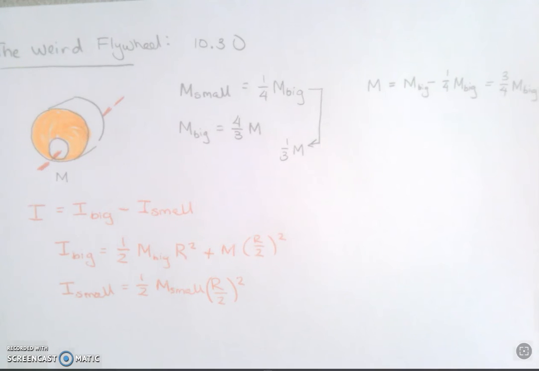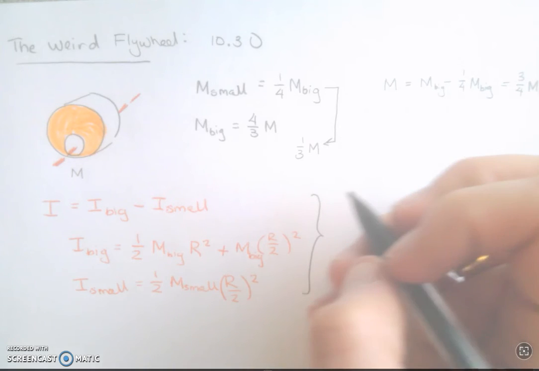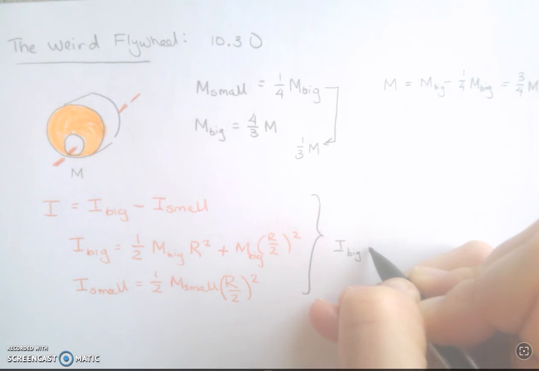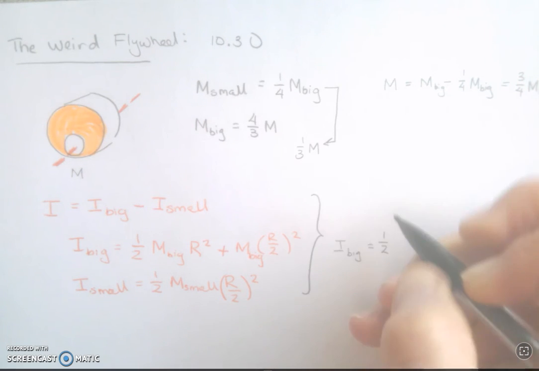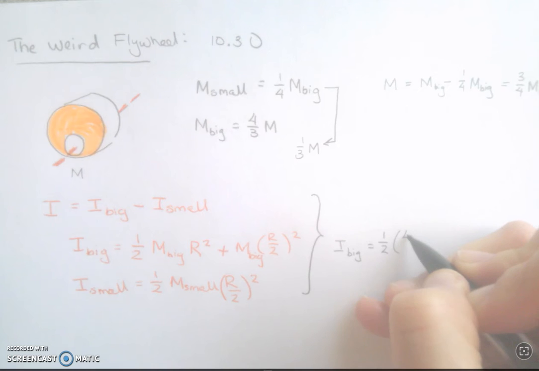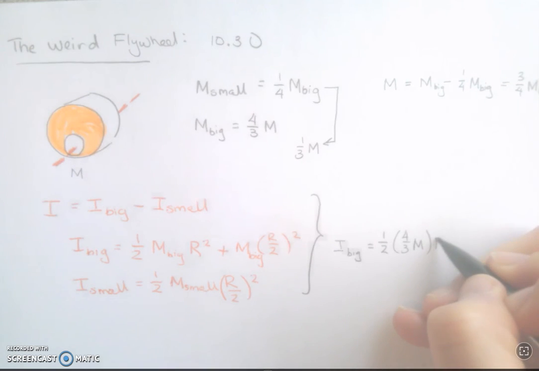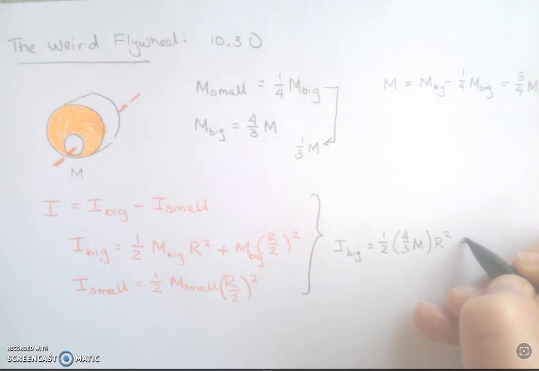Now it's just a matter of substituting. We have the moment of inertia of the bigger shape, 1/2 4/3 m, r squared, plus another 4/3 m, r/2 squared.